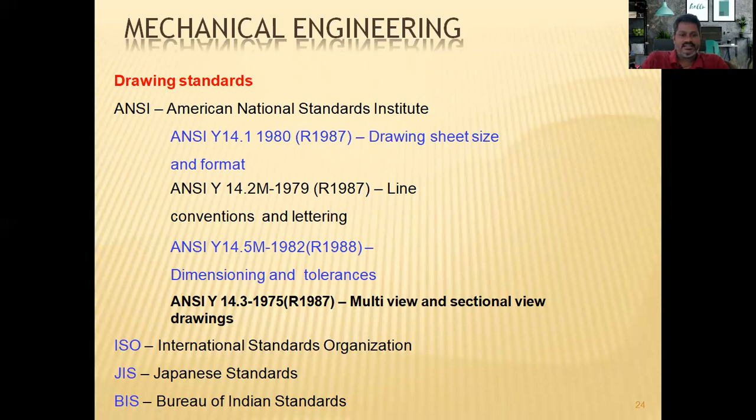JIS means Japanese Industrial Standards. Then we have the BIS, the Bureau of Indian Standards. All these are the abbreviations we normally come across in drawing textbooks, and we need to remember them. ANSI means American National Standards Institute, ISO means International Standards Organization, JIS means Japanese Industrial Standards, and BIS means Bureau of Indian Standards.